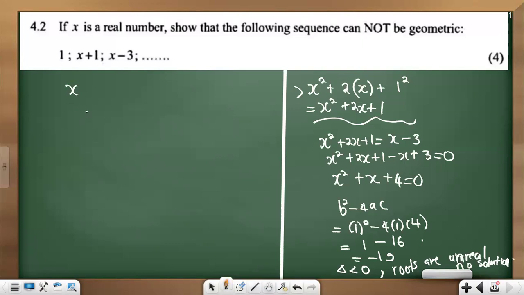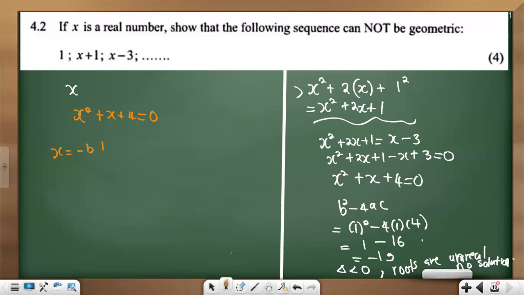We have x squared plus x plus 4 equals 0. We can use the quadratic formula: x equals negative b plus or minus the square root of b squared minus 4ac, everything divided by 2a.